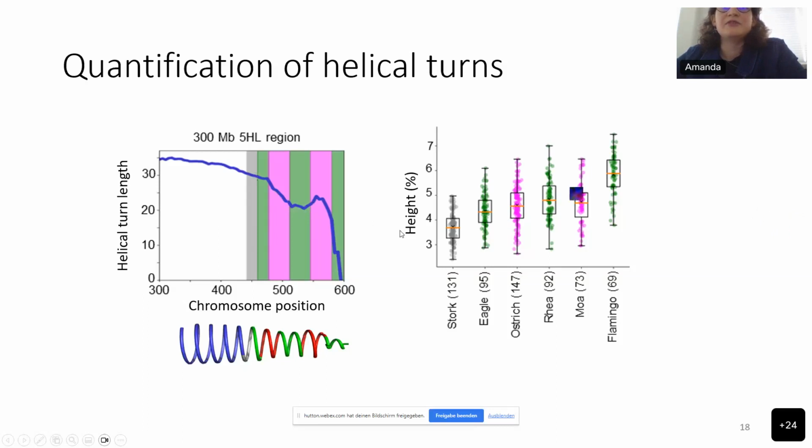So for turns that are longer, we expect to see just the size of one turn, and in regions where we have smaller turns, we expect this region to cover more turns, and hence the height of the band that we observe in the chromosome is also higher.